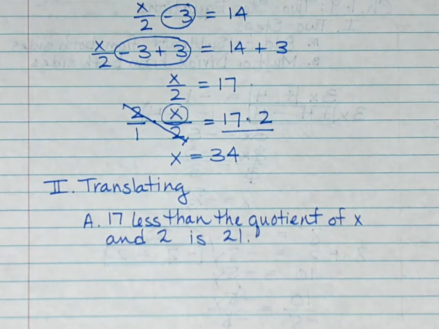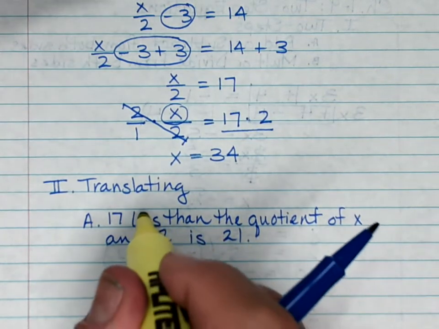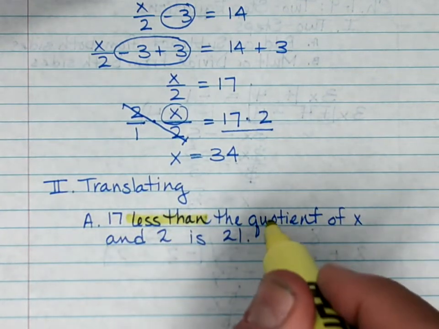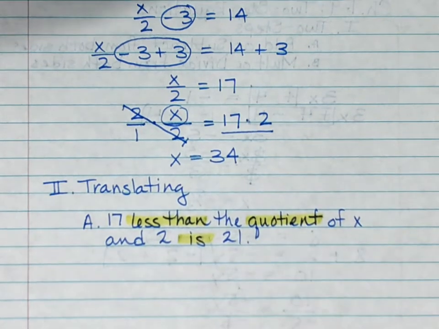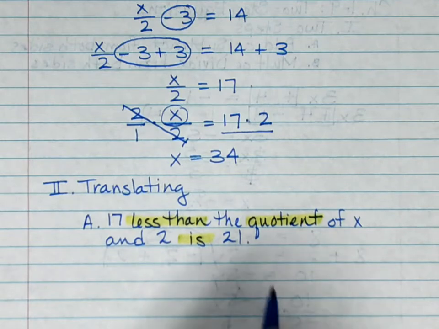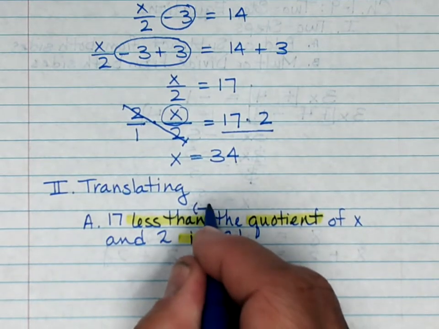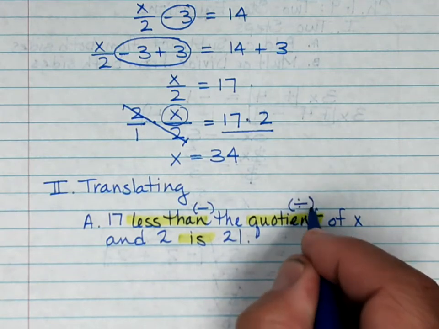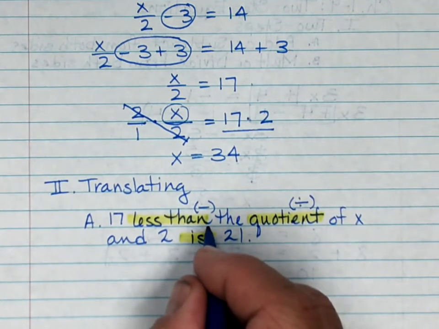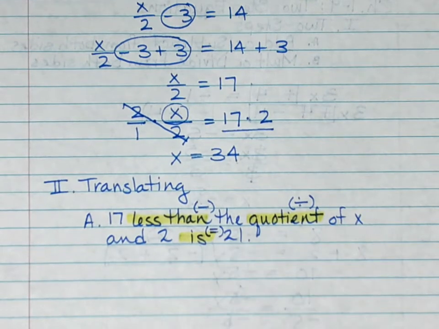So the key words in this statement are less than, quotient, and the word is. It's a very simple word, but it does mean something pretty important in terms of an equation. Less than is our subtraction clue. Quotient is our division clue. And is equals.